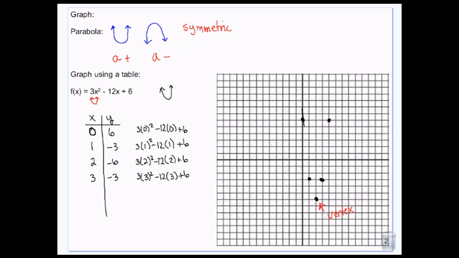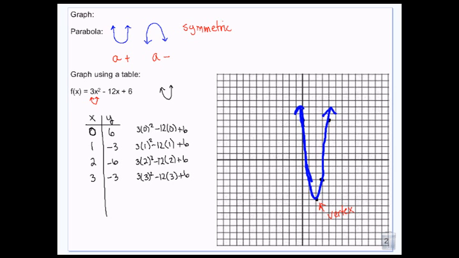And you want to make sure, graph it with a fat line. It doesn't have to be perfect, but you do have to have a U, not a V. It's really hard to do with this pen. Okay.